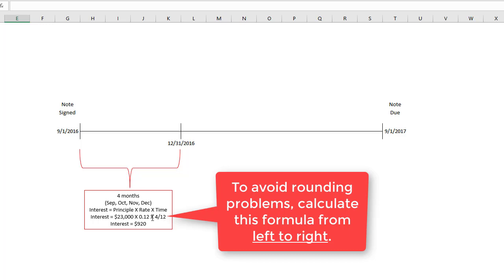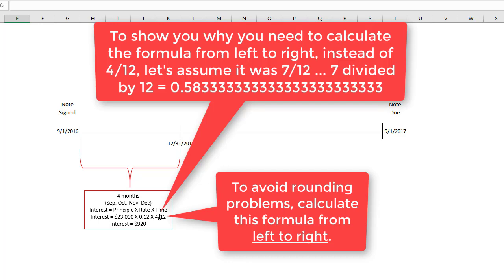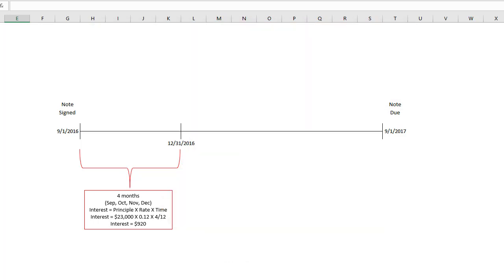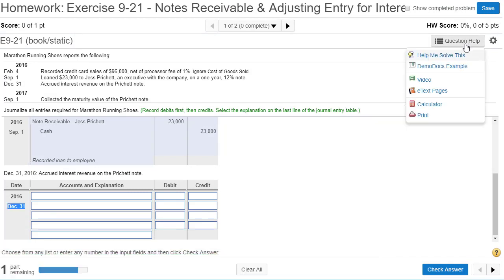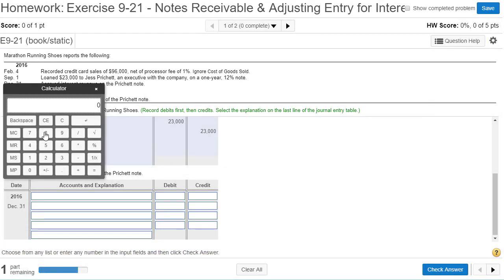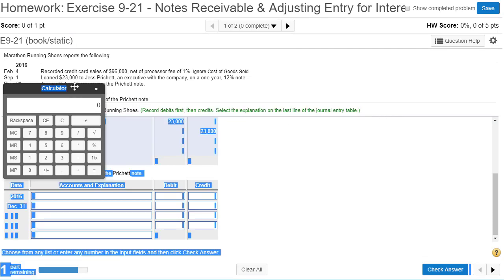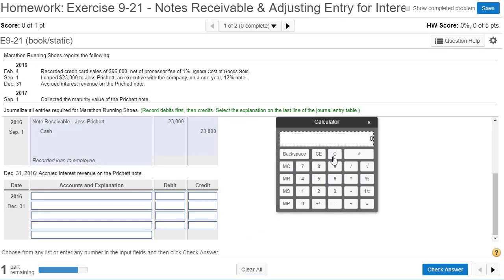The reason why you need to do it from left to right is, let's say this was 7 divided by 12. If you did this first, 7 divided by 12, well, let's do that on the calculator. Seven divided by 12. It does not give us an even number. It gives us lots of decimals. So people doing this calculation, some calculators will round it to just a few decimals. Some will round it to lots of decimals.